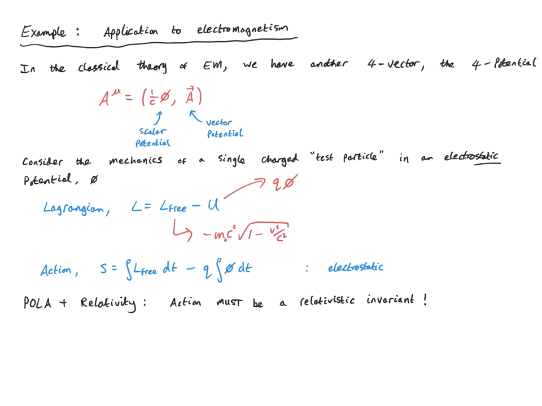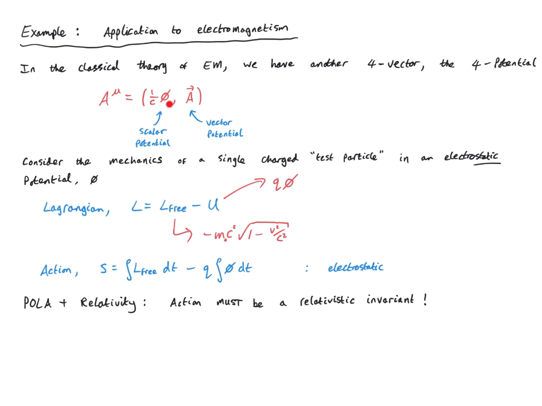So can we argue what the relativistic action should be for a charged particle subject to an electromagnetic potential? We have to come up with something that is manifestly relativistically invariant and is made from Lorentz scalars. To do this, we actually get a hint from the electrostatic case, which I've written down here. Here we have phi times dt.